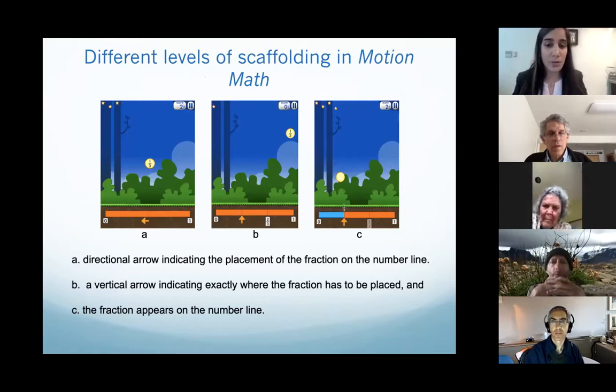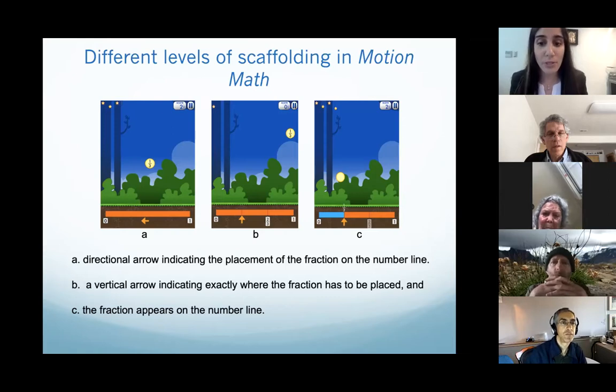In this case, it was partitioned into 3 parts. Then if they got it wrong again, a label would show up like 2/3. And if they got it wrong again, finally the answer would show up, with 1/3 placed where it's supposed to be, and it would highlight the answer.